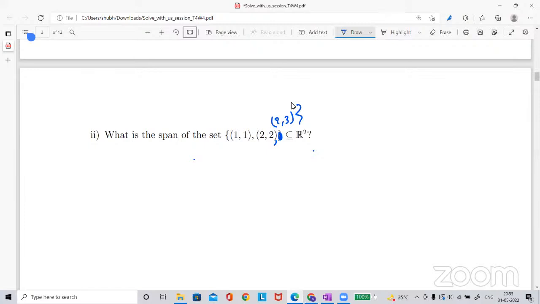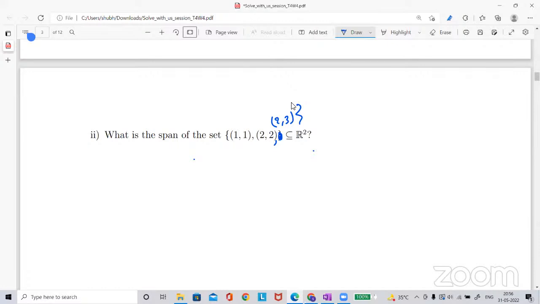Okay. Anyone else? Yeah. I got your idea, sir. It is a superset. And sir, I want to say every set is a subset of itself. Like R2 is a subspace of R2.